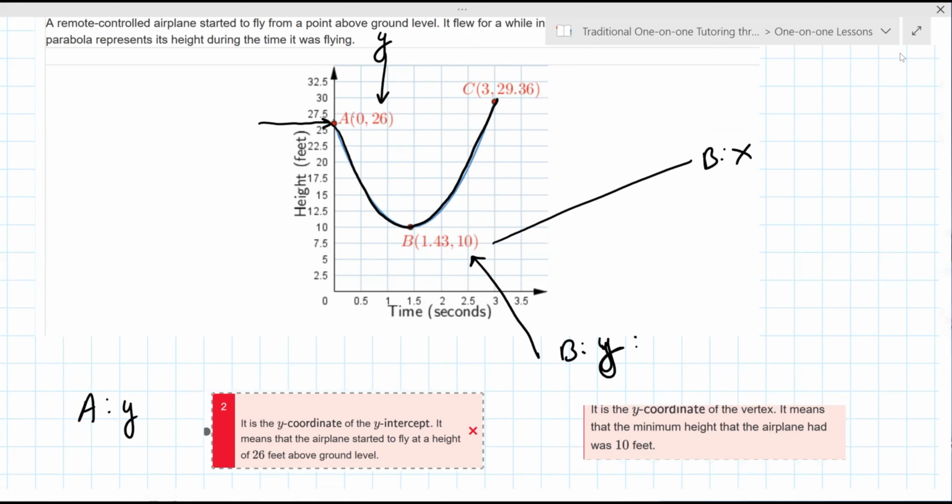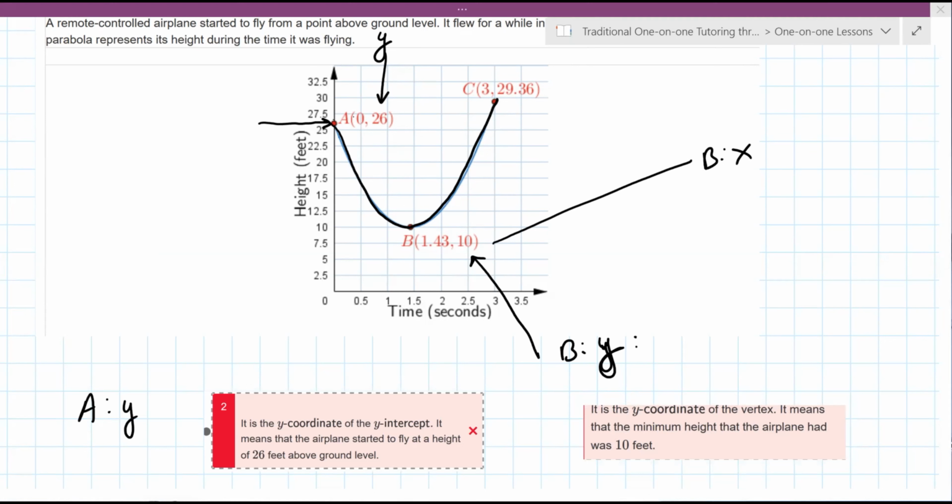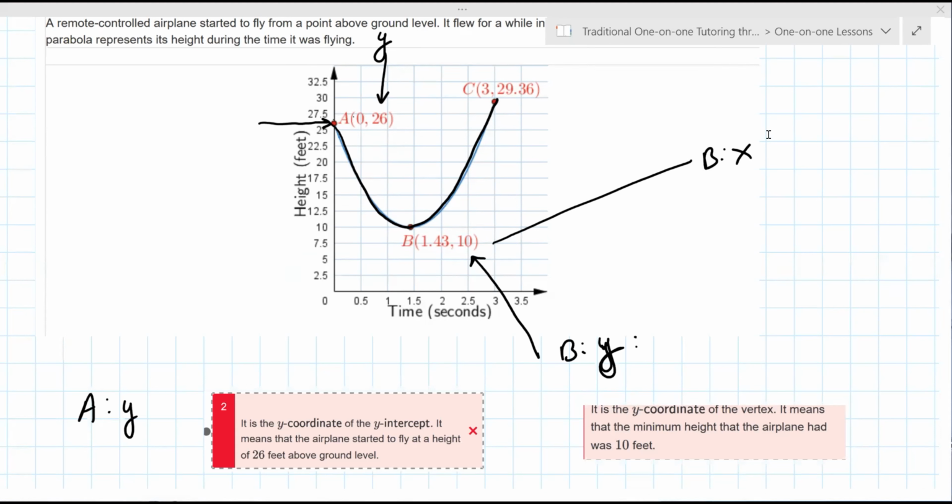So whichever one represents where it's a min or a max, you're looking for the word vertex to answer that. Let me snip that in here. And you just said it occurs at 1.433 seconds.